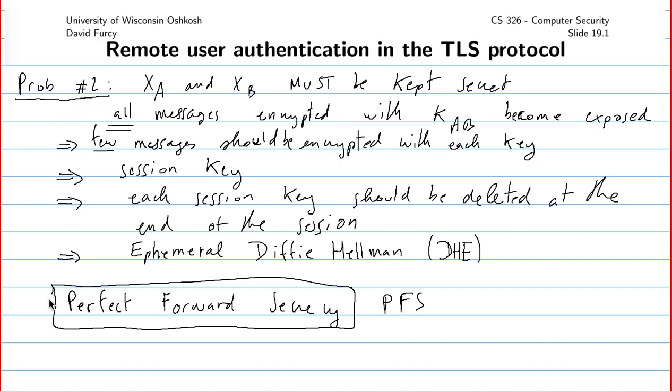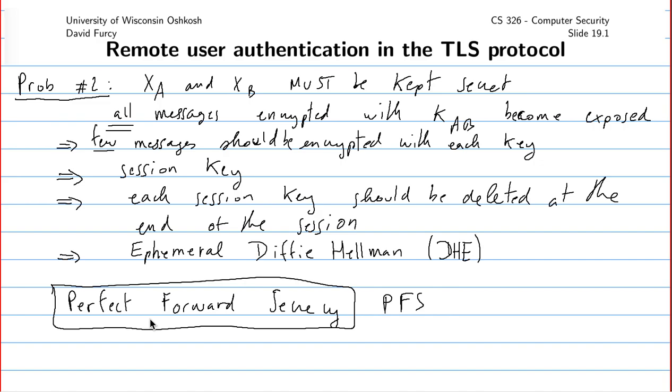That means it's not enough to keep the messages secure at the time that the session is ongoing, but they must also remain secure in the future. This is why I was worrying about the F here. And so, again, the idea is that if you were to keep a session key around, stored on your computer or in your cache or somewhere, it doesn't matter if the session is over.